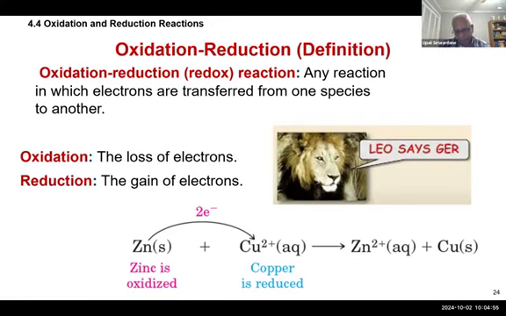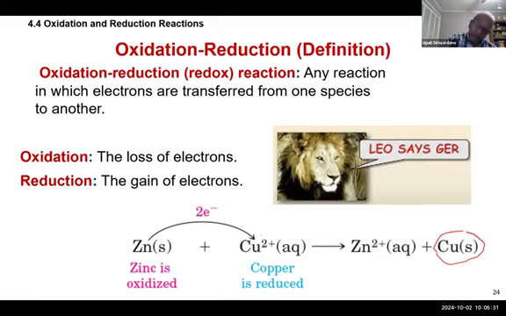If you dip a zinc plate in copper sulfate, zinc donates 2 electrons to copper 2+, and copper becomes copper 0. That's a copper metal. In this reaction, if you look at the reactants, zinc is being oxidized. Copper 2+ is being reduced.